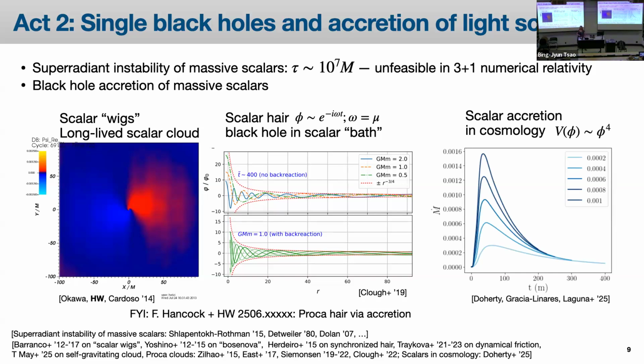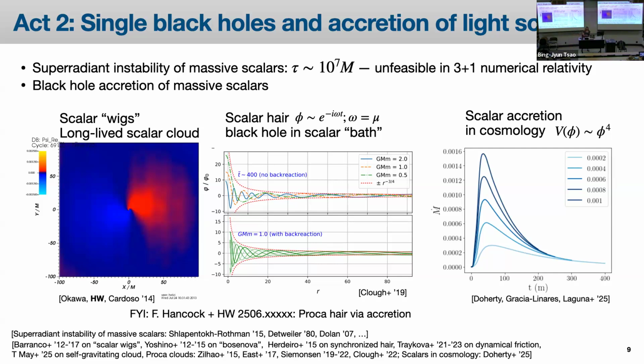Next time I should ask you if there's any animation I should show on your behalf, where they were looking at the accretion rate of the black hole, so as a function of time for different parameters, multiplying your scalar field φ⁴. Okay. So this is some of the recent work done in numerical relativity with massive scalar fields with a potential.